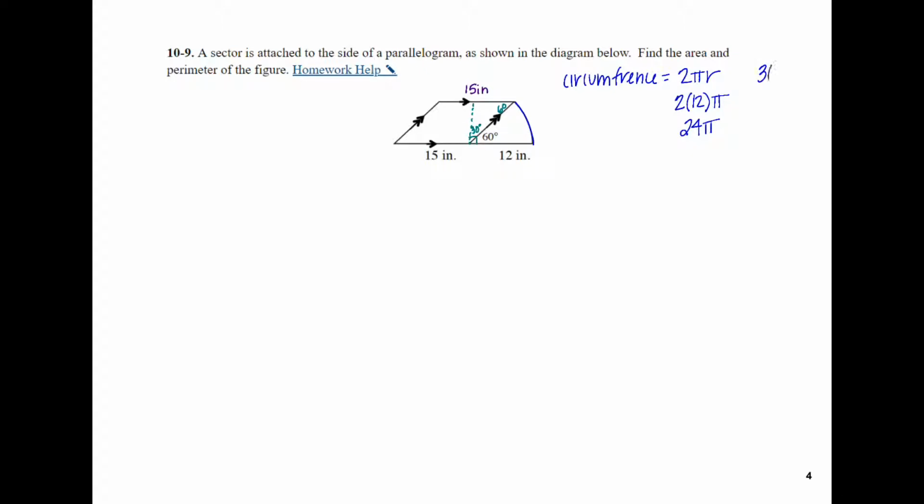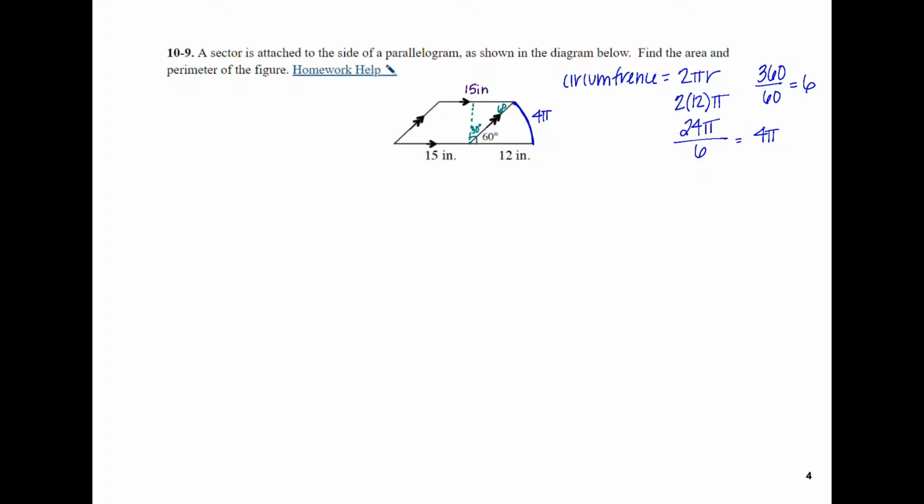Except a whole circle is 360 degrees divided by 60 tells us that there would be 6 slices of our circle, so we want to divide that 24 by 6, which would give us 4 pi for the length of the blue arc.